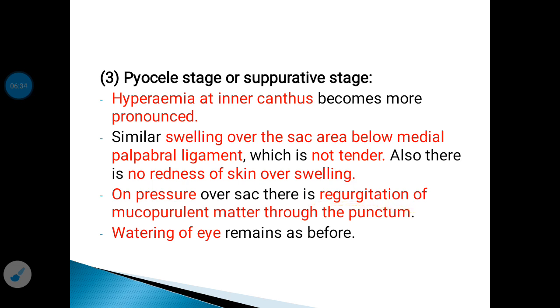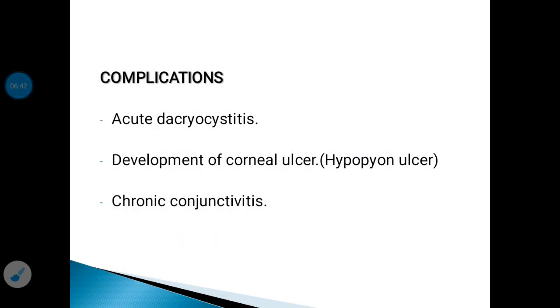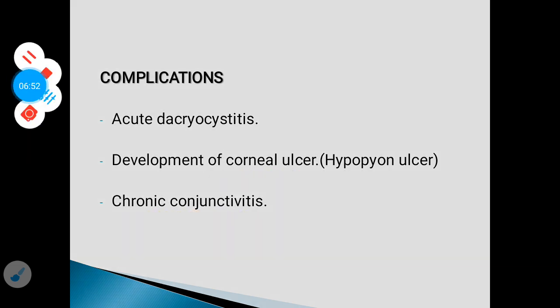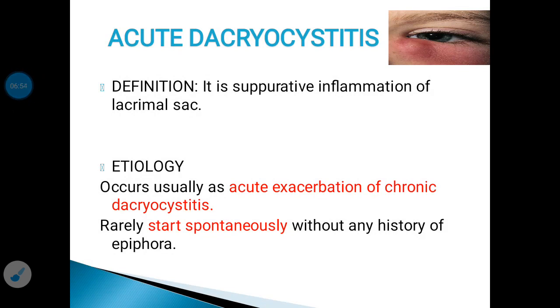On pressure over the sac, there is regurgitation of mucopurulent matter through the punctum, and the watering of the eye remains as before. The complications of chronic dacryocystitis are acute dacryocystitis, development of corneal ulcer, or chronic conjunctivitis.